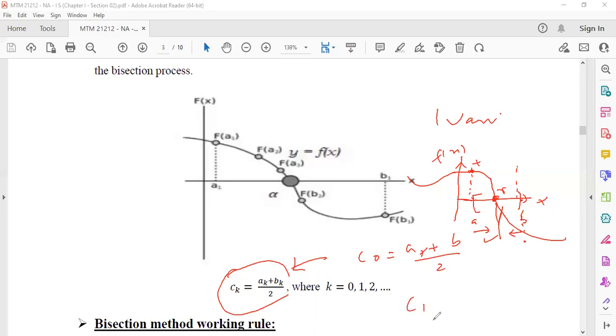Then again I need to go on until I reach what the question asks about. According to the question, our iteration count will change. Sometimes we may get the answer in one iteration, sometimes we need to go more. So that's the idea of this bisection method.